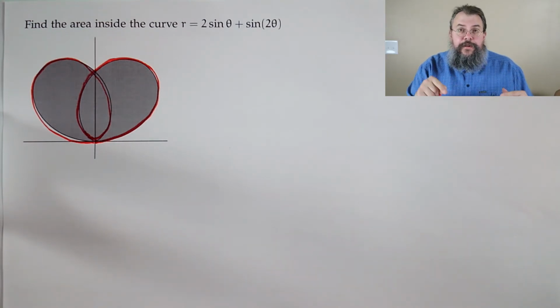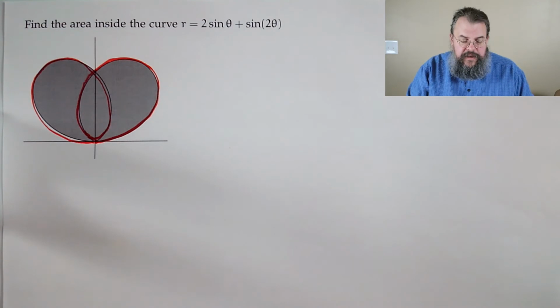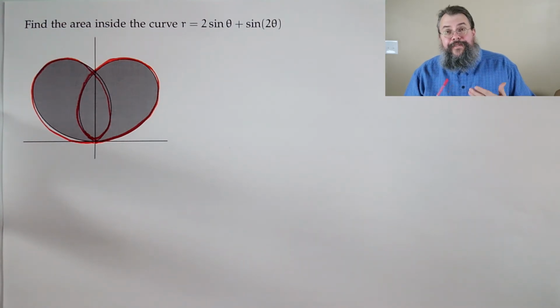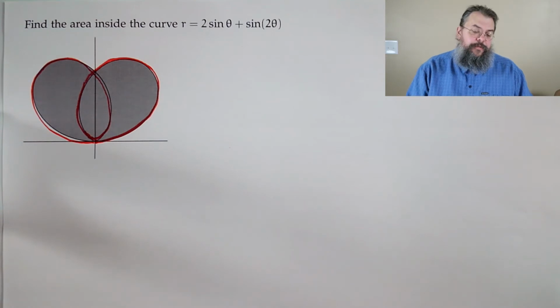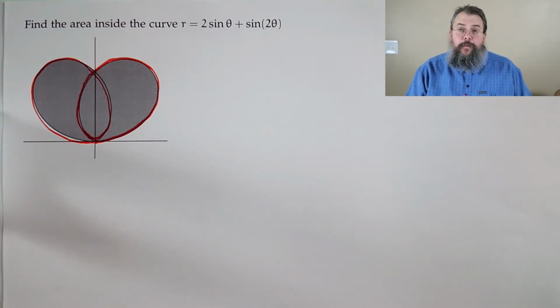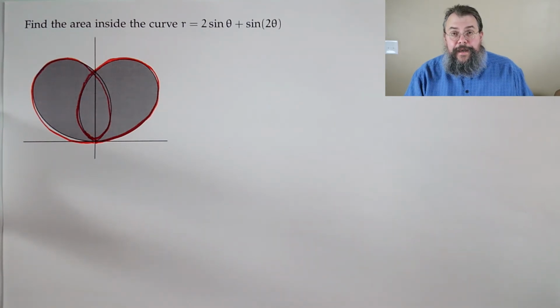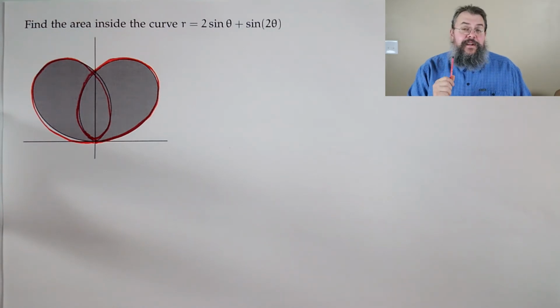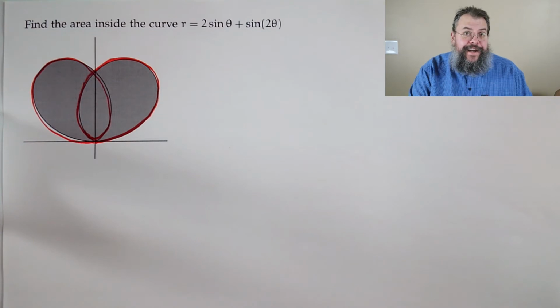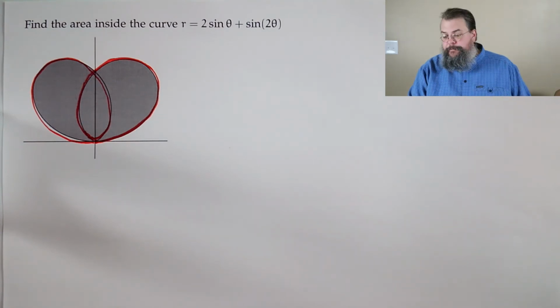So that's sort of the process. It loops and it has this intersection going on. Now, how do we find the area? Because you might be thinking, well, what if we just did 0 to 2 pi? That would be a not great idea. Why not?